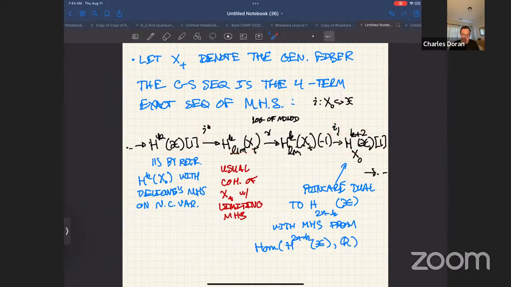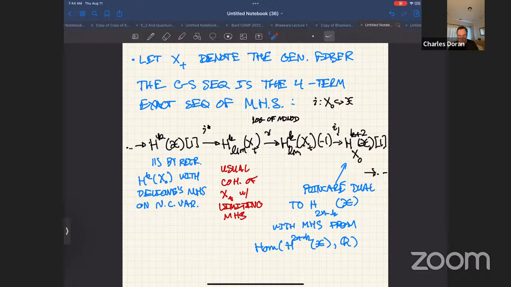So how do the mixed Hodge structures work? Well, in this case, by retraction, you can reduce this to being isomorphic to H^k of the fiber X_0. And then Deligne gives a mixed Hodge structure on any normal crossings variety. Remember, we assumed it was normal crossings. You build it up that way. So that's how that works. For this one, you get to use the usual cohomology of X_t with its limiting mixed Hodge structure.